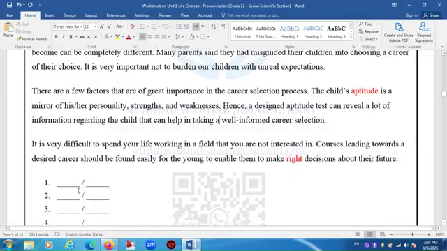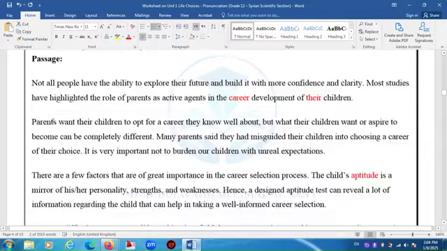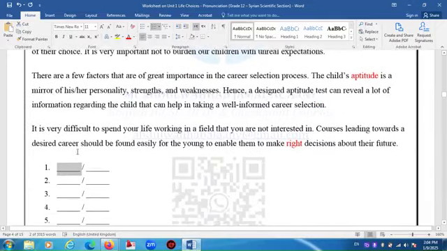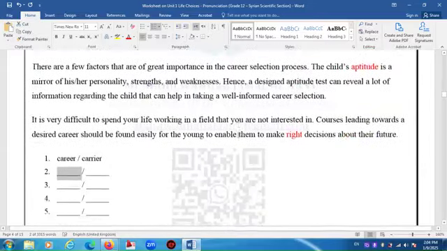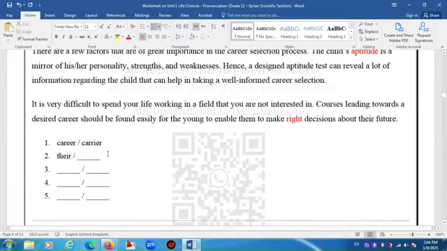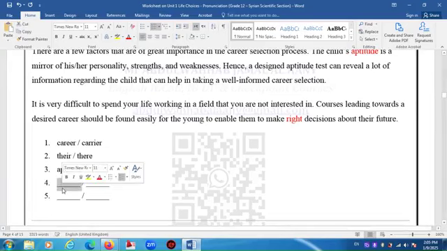So do you remember what the words are? The words are career and carrier. The second word can be there and there. Aptitude can go with altitude. Aptitude, altitude, if you remember from the explanation session yesterday.